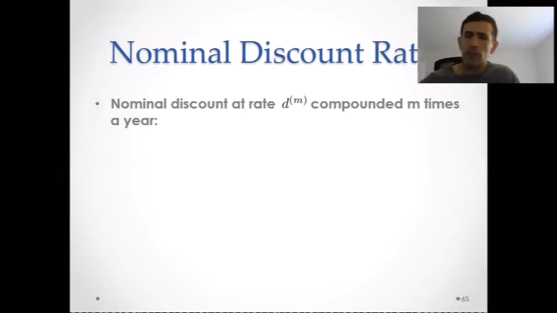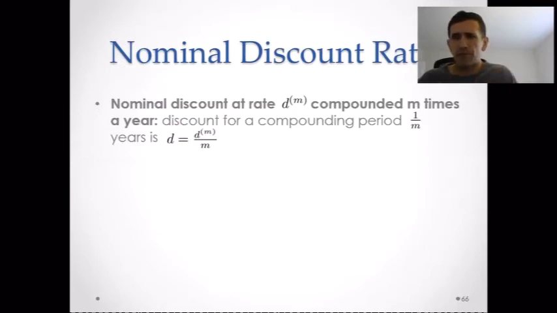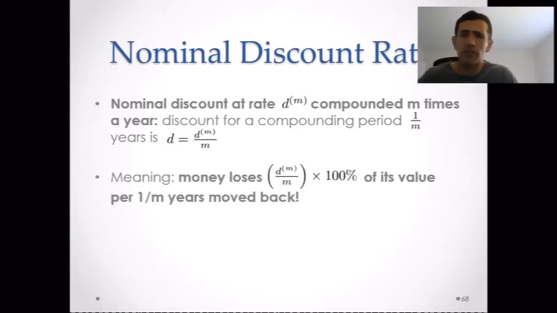Well, the meaning is simply that d superscript m over m is the actual discount rate for the compounding period of 1 over m years, which just means that money loses exactly this percentage of its value per 1 over m years moved back.